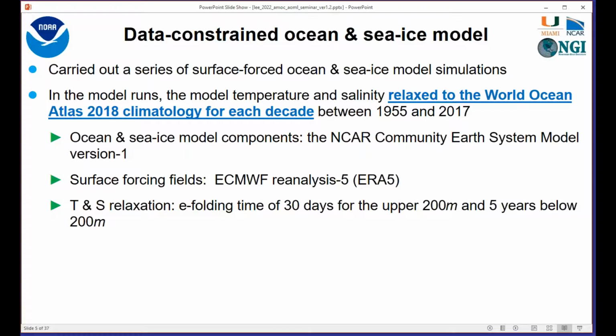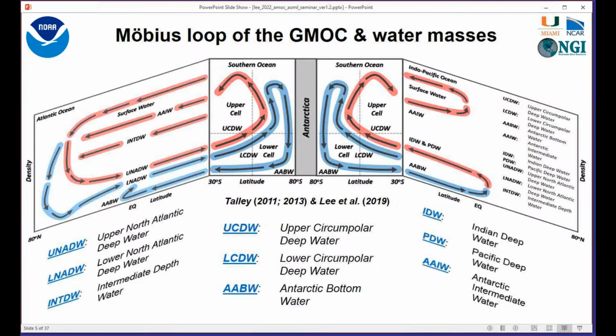For the temperature and salinity relaxation, we use a very strong relaxation with a time scale of 30 days for the upper 200 meters and 5 years below 200 meters. And of course, this is a follow-up paper of Li et al., published in GRL 2019. In that paper, we just looked at the long-term mean state. Now, in this study, we want to look at the interdecadal change.